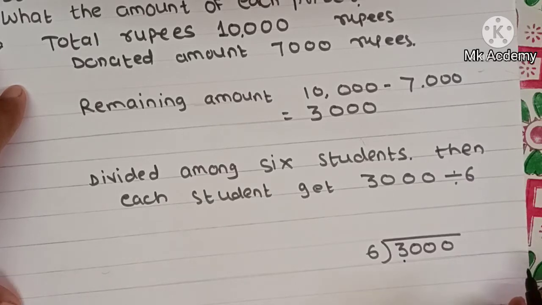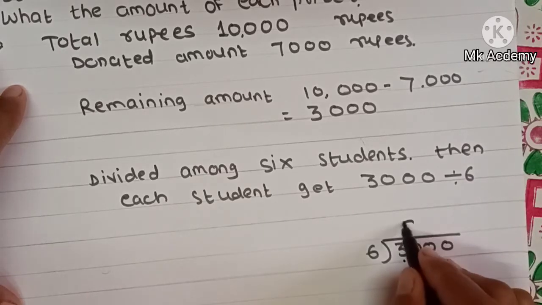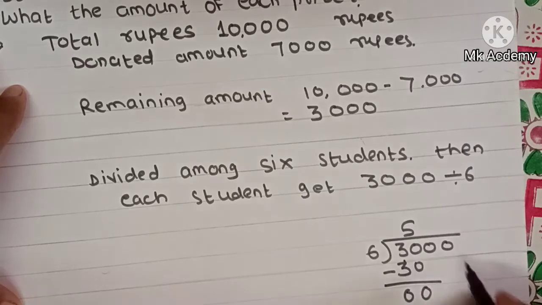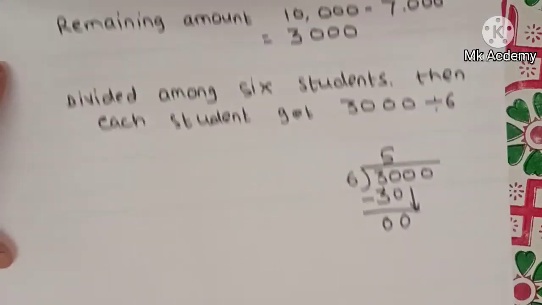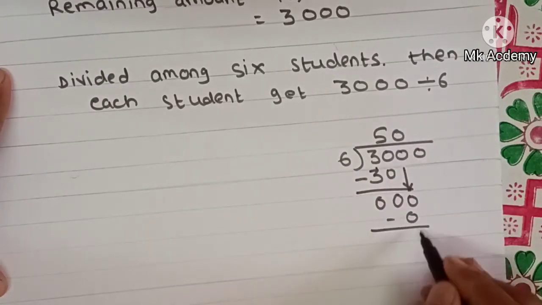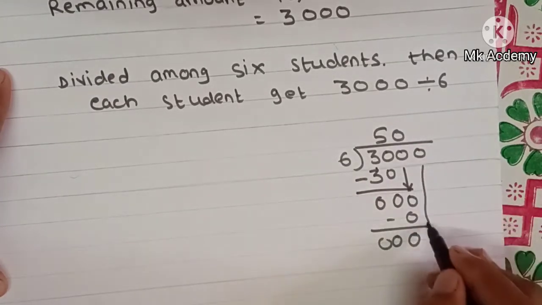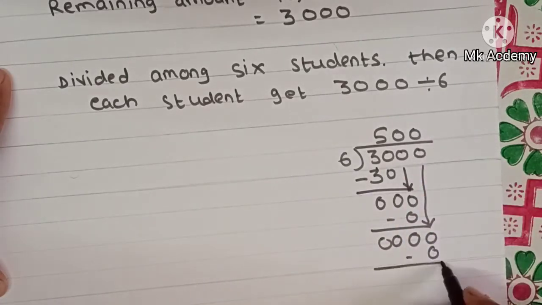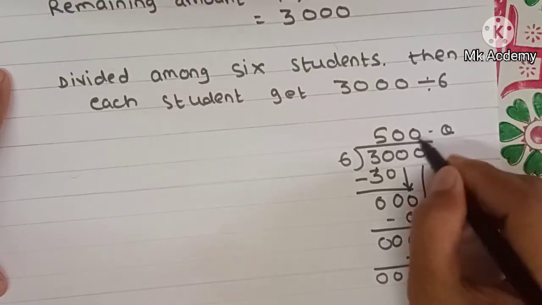Now 6 ones are 6, 6 fives are 30. Now 0 minus 0, 0. 3 minus 3, 0. Then take 0. 6 zeros are 0. Then again take this 0 here. 6 zeros are 0. Means our quotient is 500.